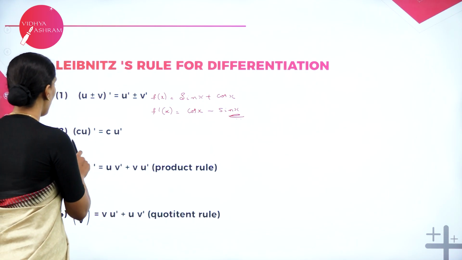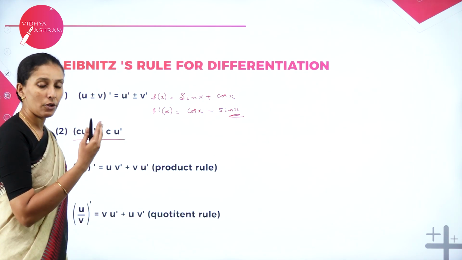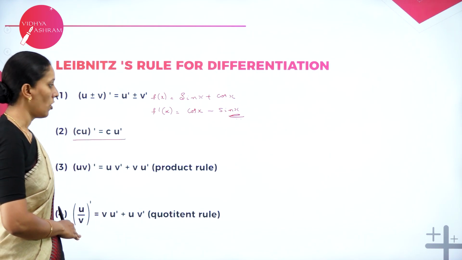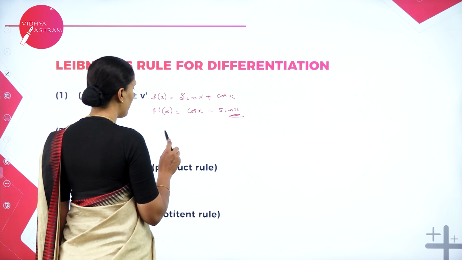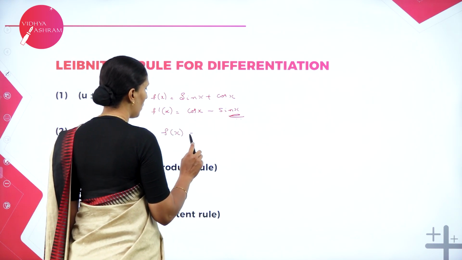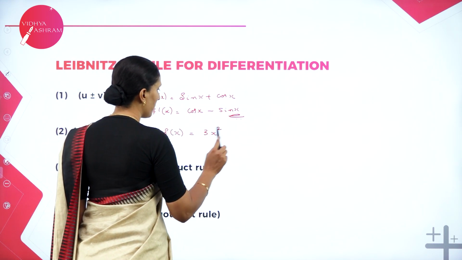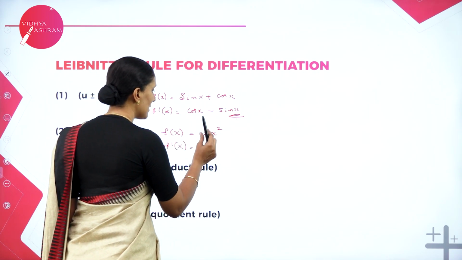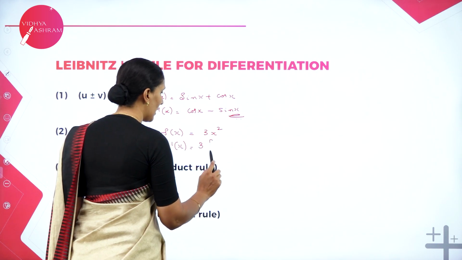Next, if a function is with a constant, then you need to remove the constant and find the derivative only for the function. For example, if you have a function f of x is equal to 3x square, you need to find the derivative f dash of x. Since 3 is a constant, write 3 separately.